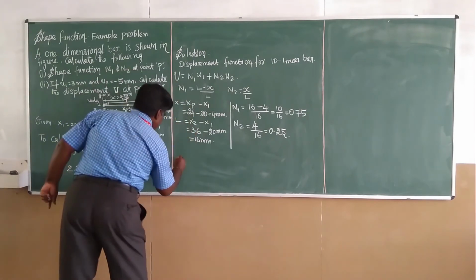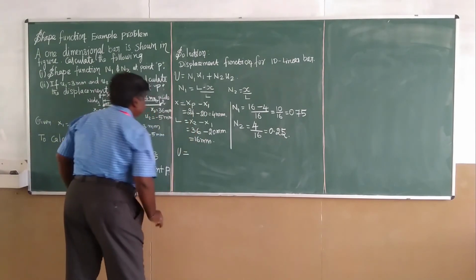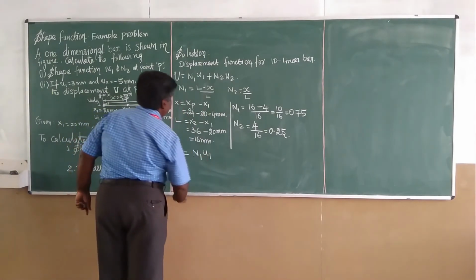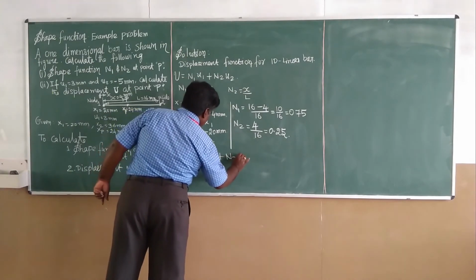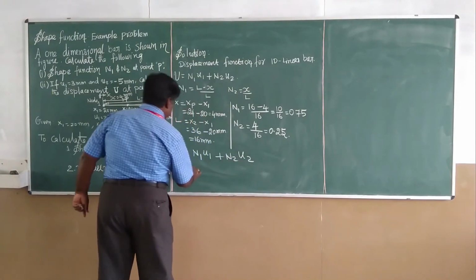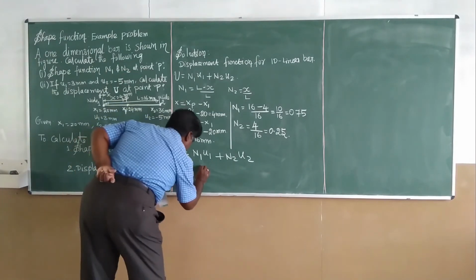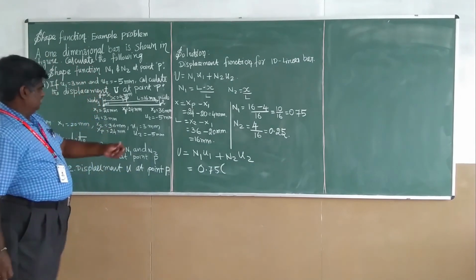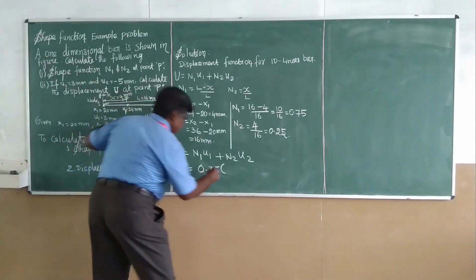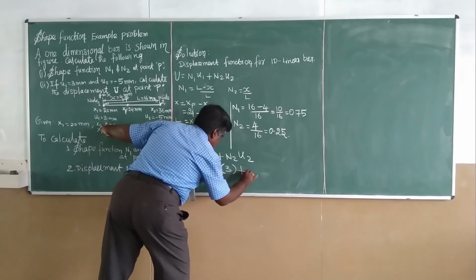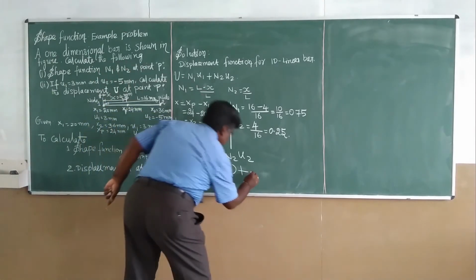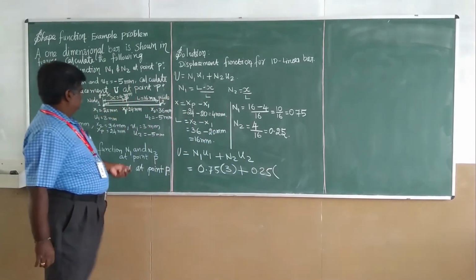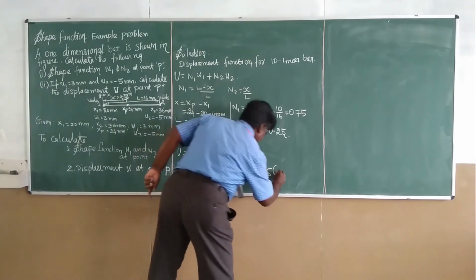This displacement function is u equal to N1 u1 plus N2 u2. N1 is 0.75 times u1, which is 3 mm, plus N2 is 0.25 times u2, which is minus 5 mm.